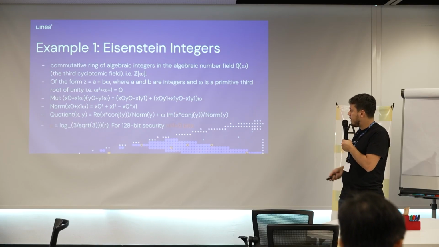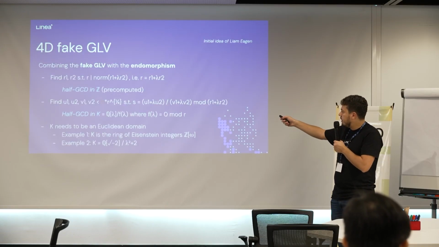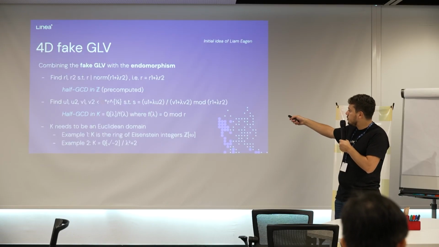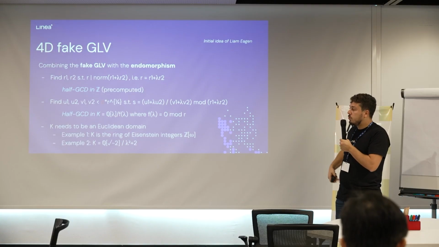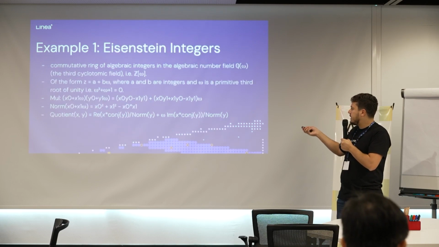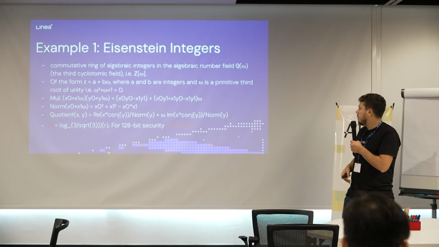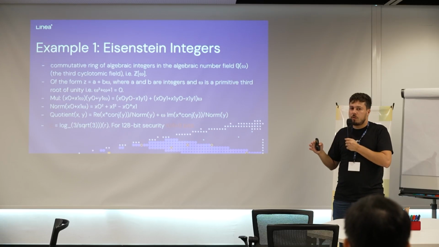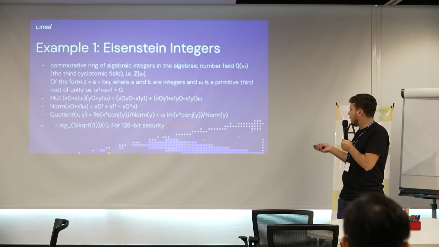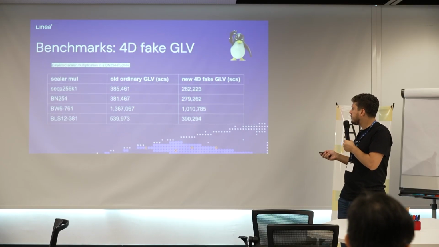So when I said finding u1, u2, v1, v2 smaller than R to the 1 out of 4, we divide the bit size by 4, we need to add a constant. And we prove in the paper that the constant is this one, which means that for 128 bits of security, in the for loop we need to add 9 bits. So it's the size divided by 4 plus 9 bits.